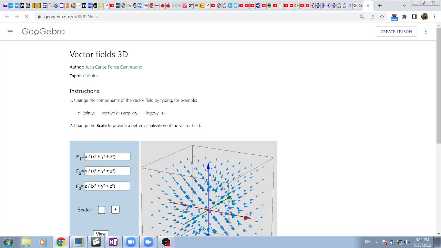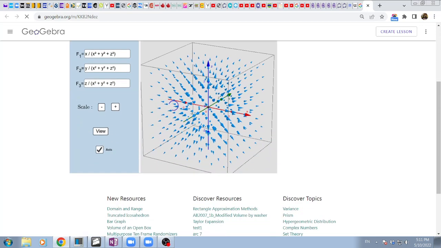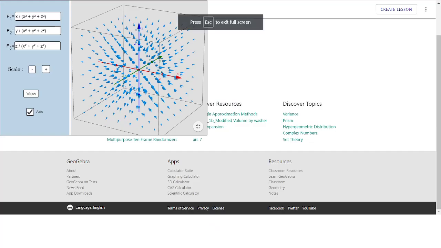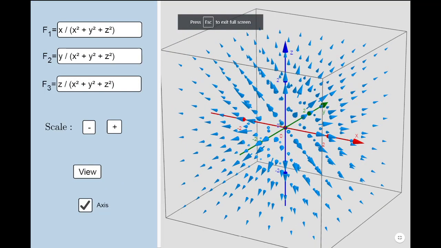Can you guys see my screen, this simulation? My computer is very slow this morning. But look, as you can see, this is very complicated. Of course, the electrical field is a continuous distribution. I cannot represent every single vector here because it would be impossible to understand, so I'm just representing vectors at some points in space.